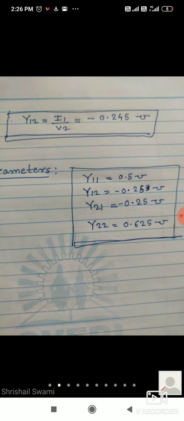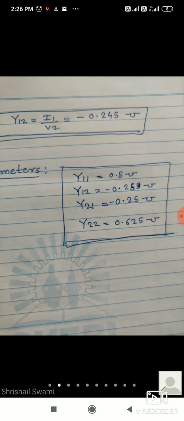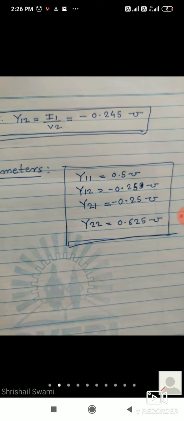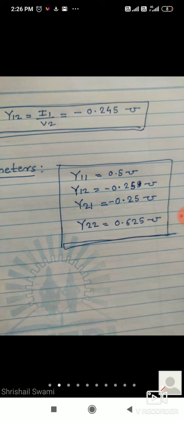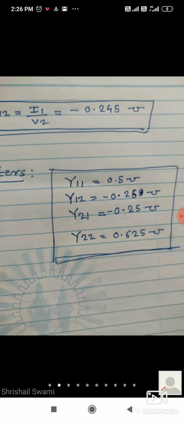There is no difficulty in getting 3 out of 4. If you practice and become perfect in the current division concept, you will get the last parameter also. Okay, so we will stop now today.